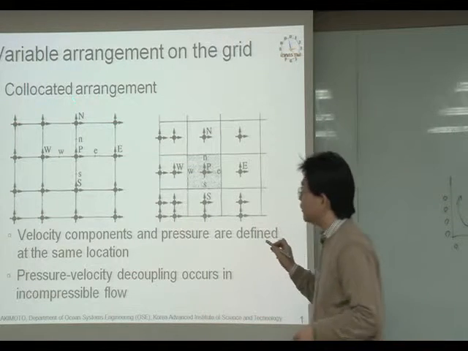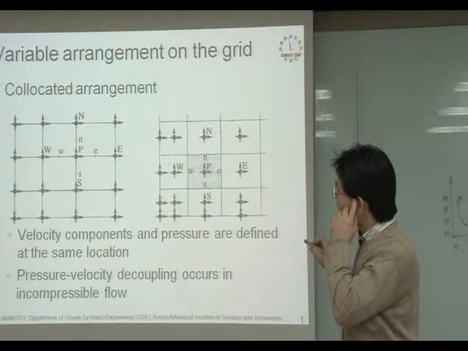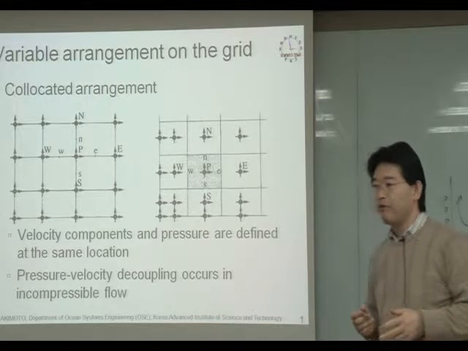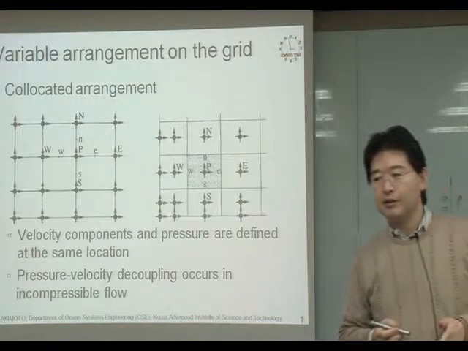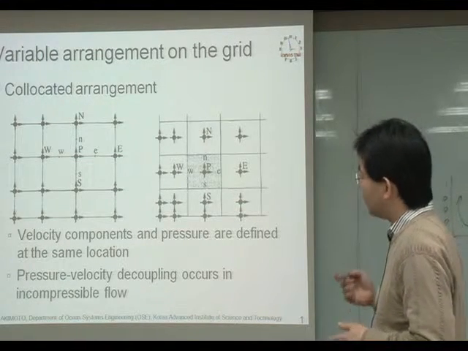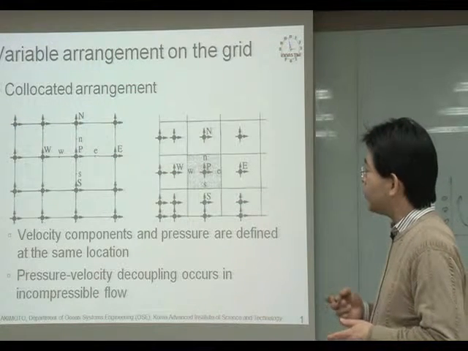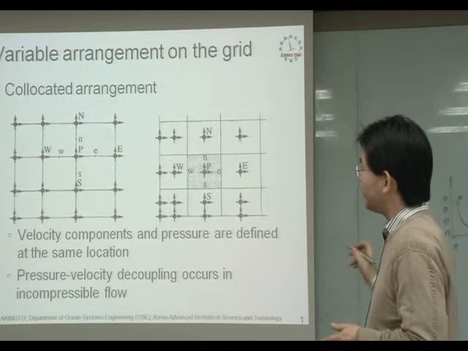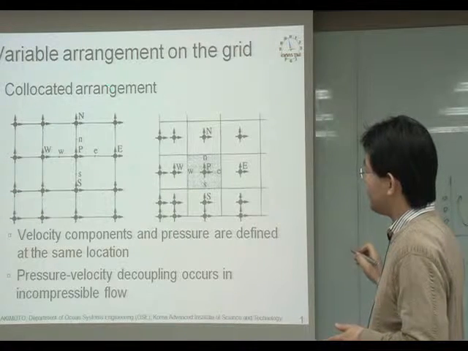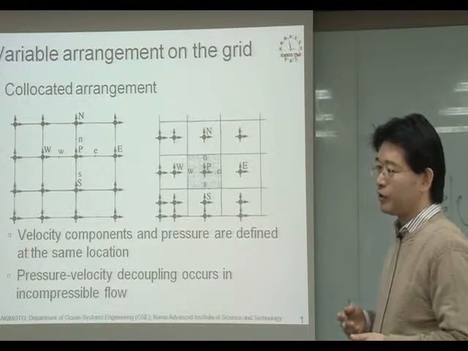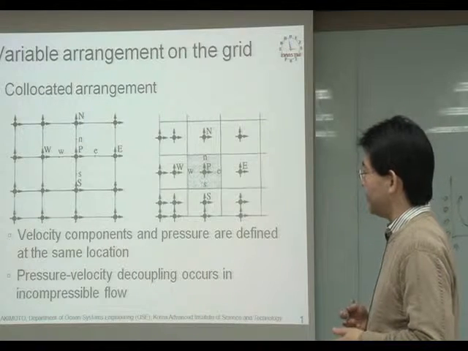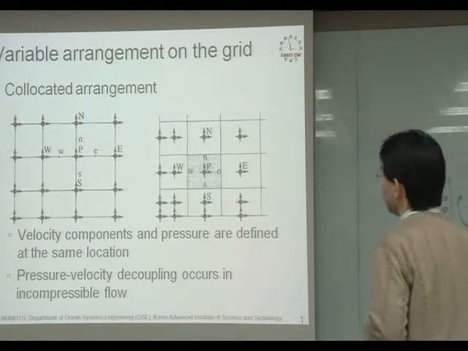Actually, the collocated arrangement seems to be very natural, and the staggered one is very unnatural. But in incompressible flow simulation, the collocated arrangement is not frequently used because of its instability.